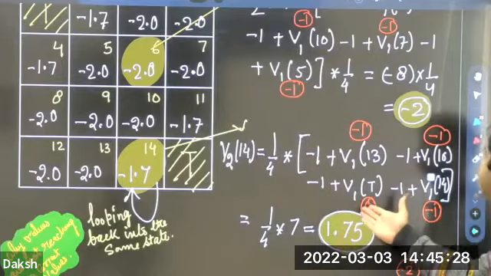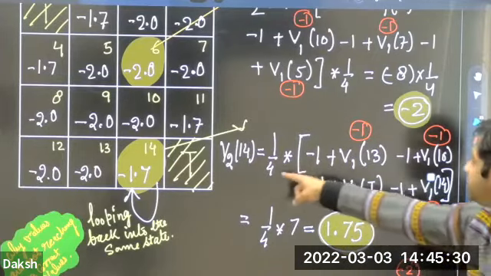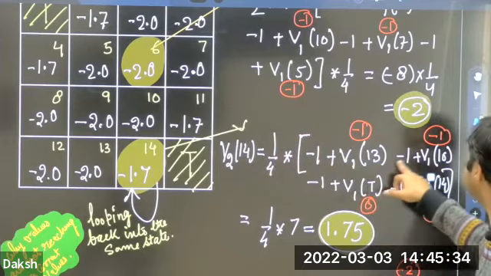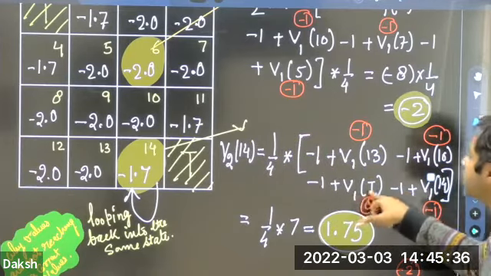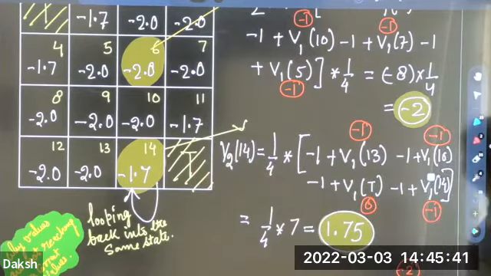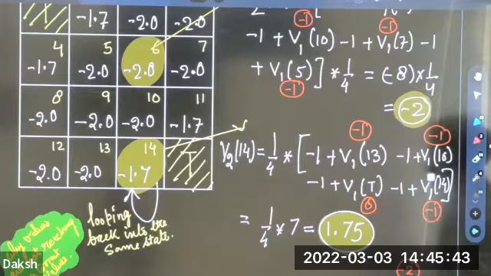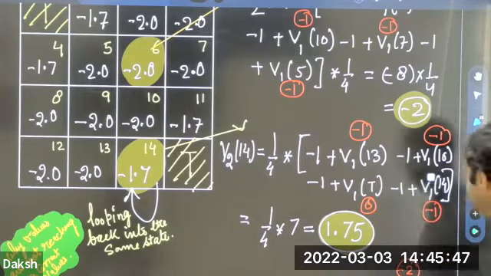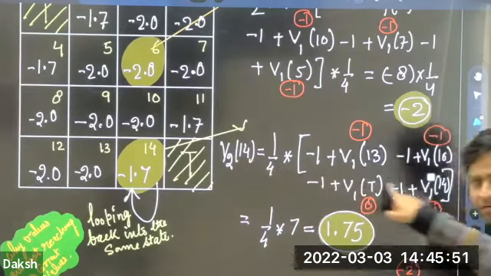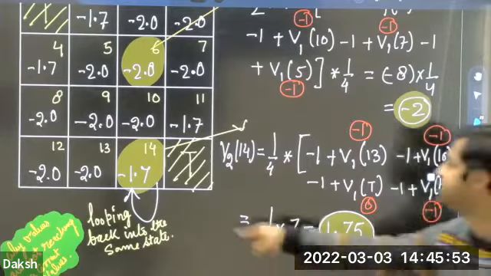So here V2(14) will be V1(13), V1(10), V1(T). V1(T) will be 0, because that's the final place. And that is V1(14) again, because here it is looping.